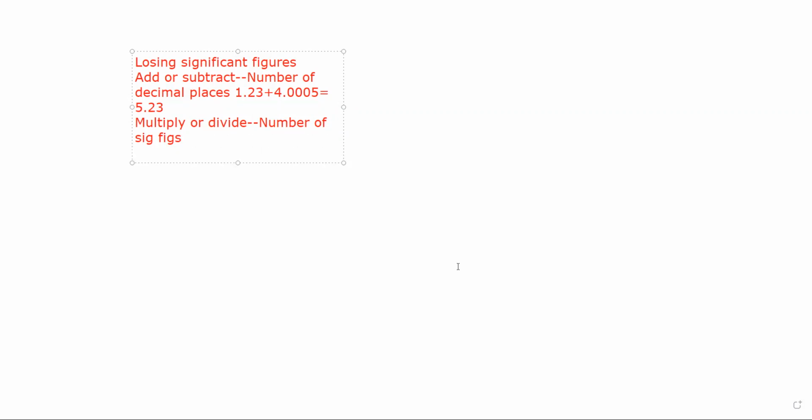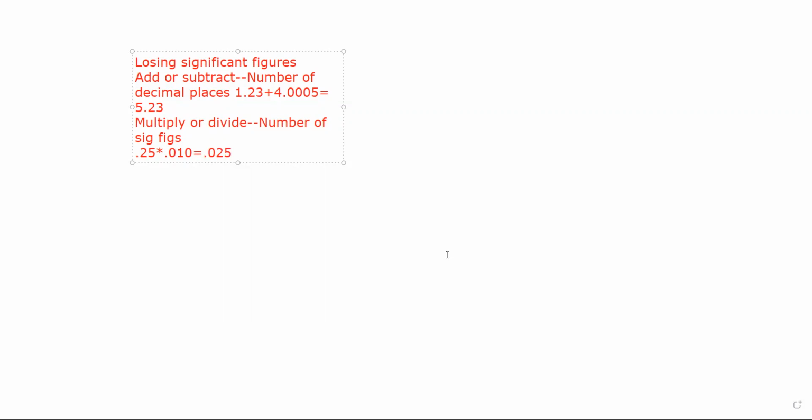For example, if I do 0.25 times 0.01, then what I get is 0.025.